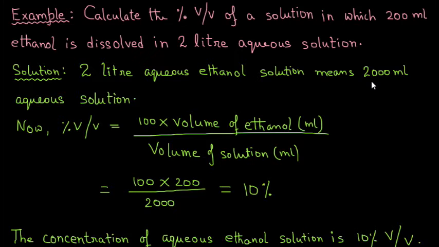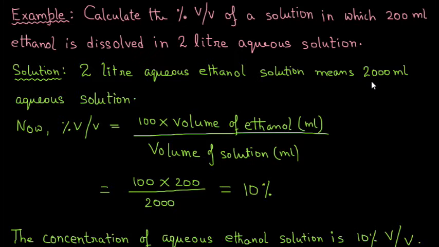So here, what is given? It is given that 200 ml of ethanol is dissolved in 2 liter of aqueous solution. So volume of ethanol is given as 200 ml. Volume of the solution is given as 2 liter.